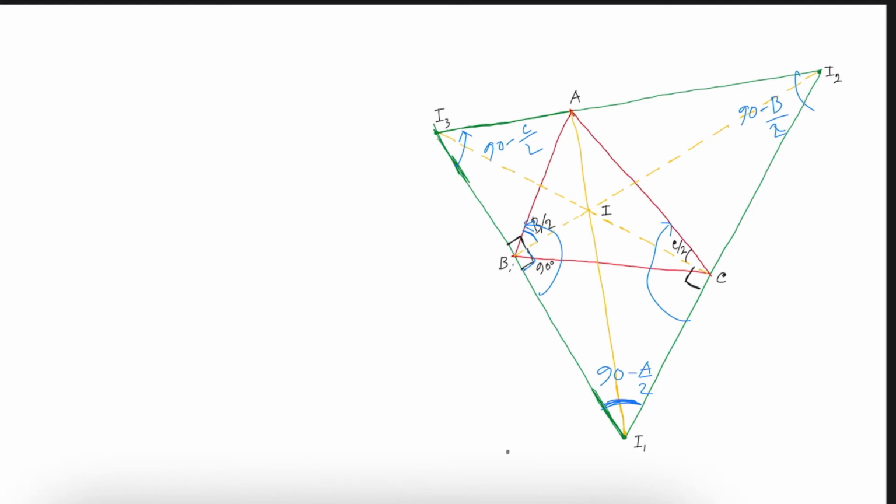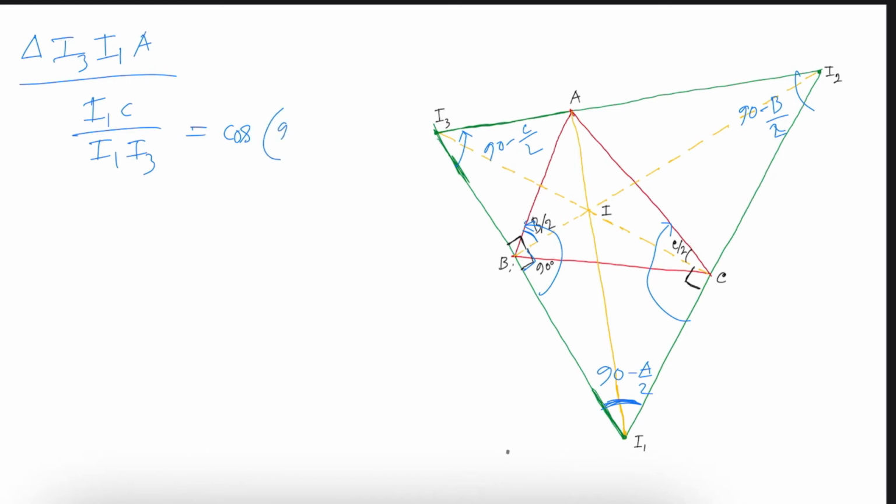So if we consider the right angle triangle I3 I1 A, from this we can write I1C divided by I1I3 is cos of I1.